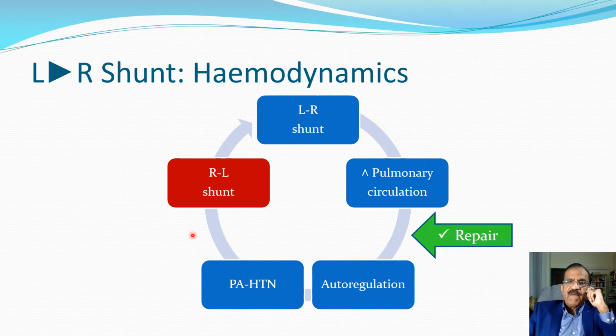And I think if the child is lucky to be diagnosed early, before pulmonary hypertension develops and the shunt is repaired, the child would have a reasonably good life, if not normal life. Now, I think for students, it may be of interest that these days it is possible to have the diagnosis of a congenital heart disease before birth, and it is possible to operate in utero, and when the child is born, the child is actually without a defect.